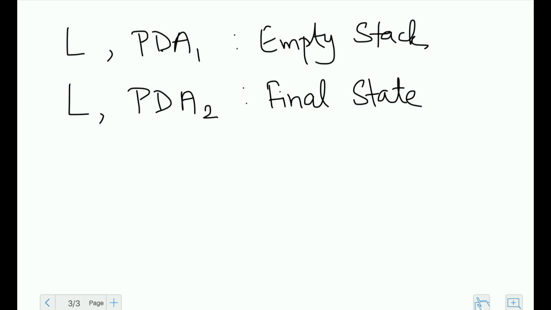So if there is a pushdown automaton for language L which accepts L by empty stack, there also exists a pushdown automaton for L which accepts it by final state. But in case of a deterministic automaton, these acceptance conditions aren't equivalent, which means that it need not necessarily be that I can always have a deterministic automaton which accepts the same language by empty stack as well as final state. So that's what the equivalence means.